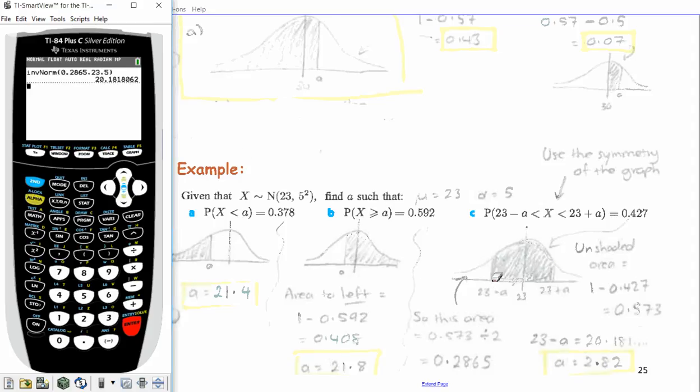This upper bound is not A. If it was A, then 20.18 is our answer. But 23 minus A is equal to this answer. So let's write that as an equation and we'll solve it. 23 minus A is equal to the bound, 20.181. So to solve for it, I would suggest you just add A to this side and then subtract 20.18. So go 23 minus 20.181 gives you 2.82, so A equals 2.82.